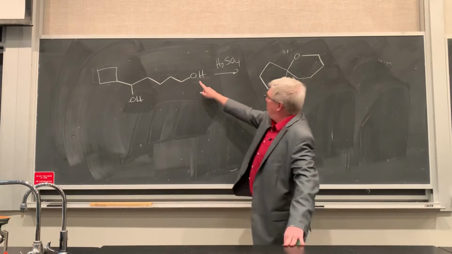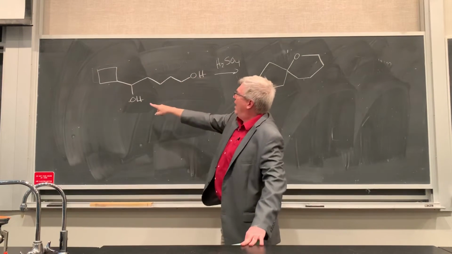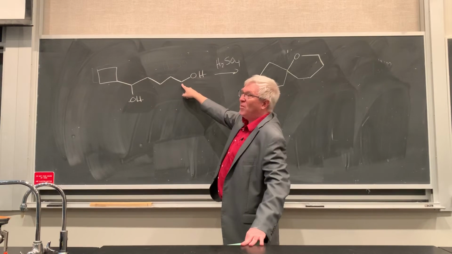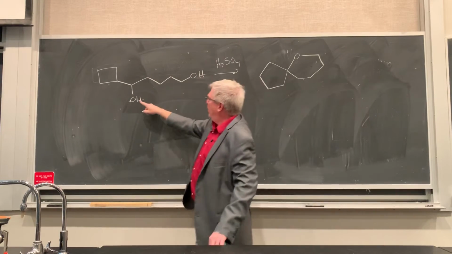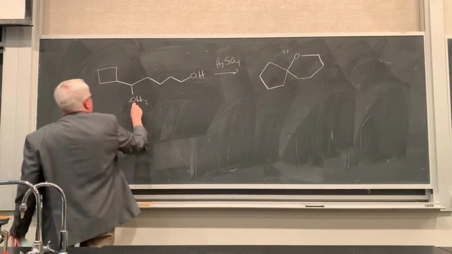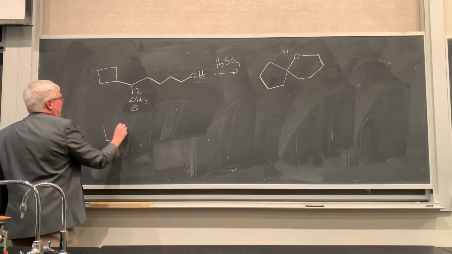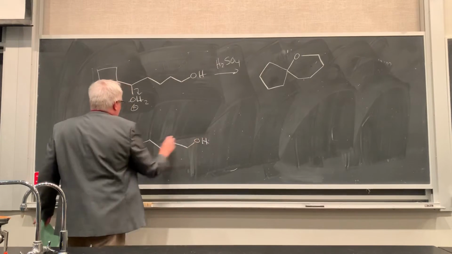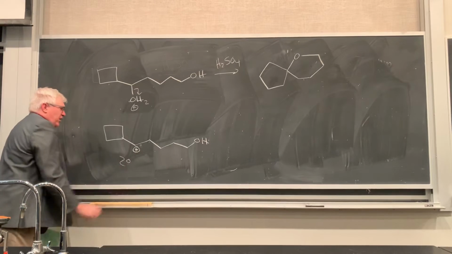Now we could start out by protonating either alcohol here. Which one do you think will be productive on this pathway? This one will lead to a primary carbocation? No. You can protonate there, that's reversible. But once you protonate here, with the plus charge, look, you can form this more stable secondary carbocation. Now that's not the end of the story, of course, because once you form this secondary carbocation, what can occur now?